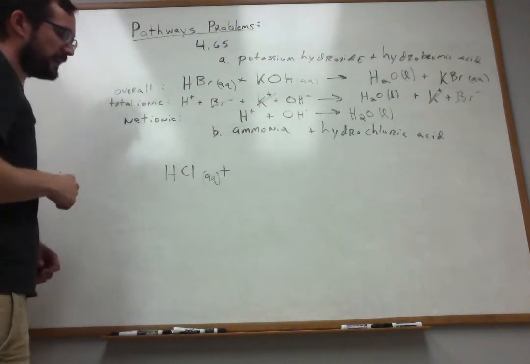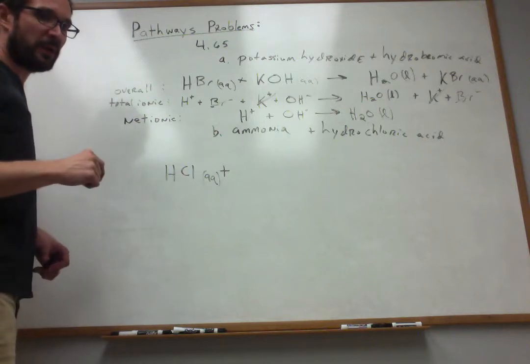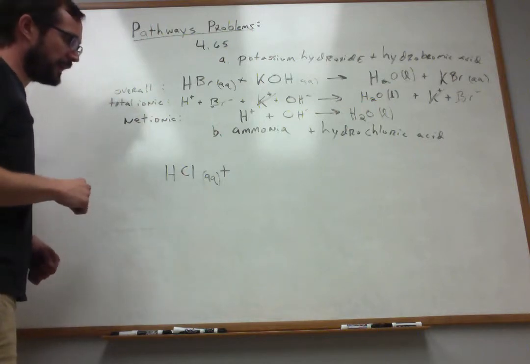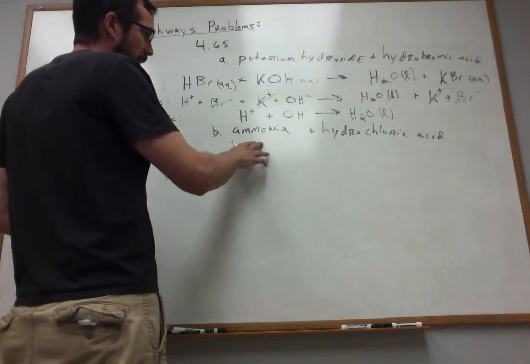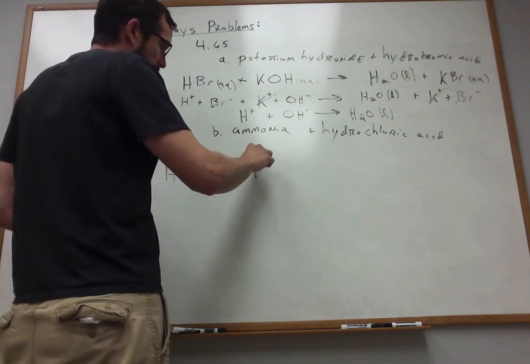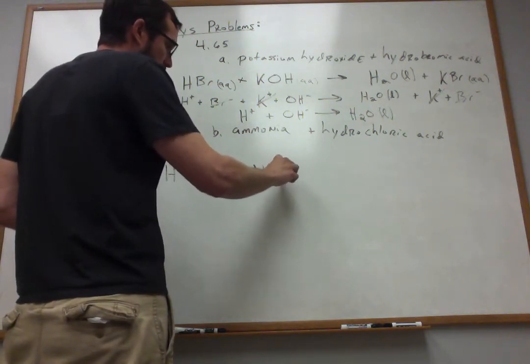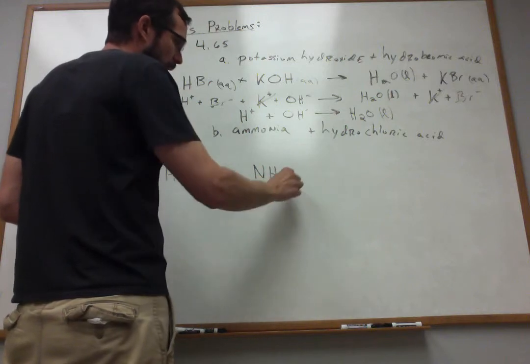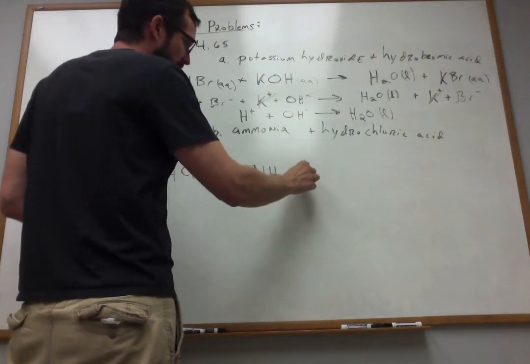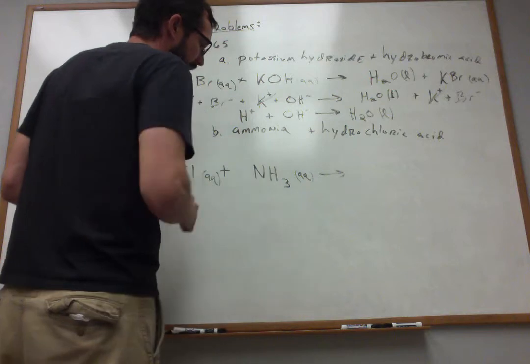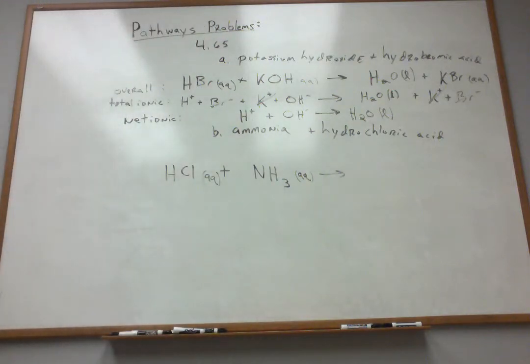Hopefully you recognize that by now as one of your strong laboratory acids, a very common strong acid. Now the one that might be a little bit harder for you is ammonia. Now, the formula for ammonia, you probably have heard of it before, but the formula is NH3. That's ammonia's formula, just by definition, okay? One nitrogen bonded to 3 hydrogens.